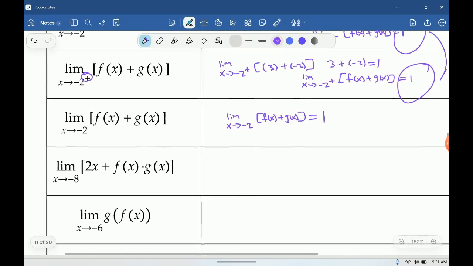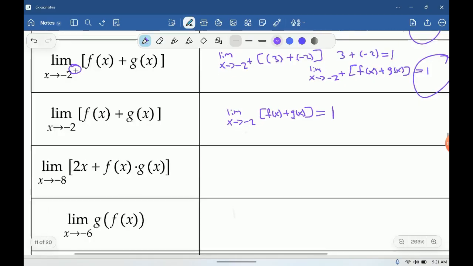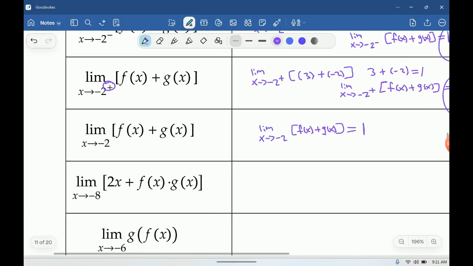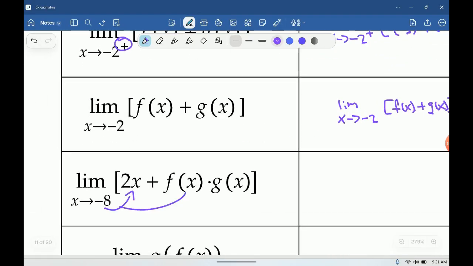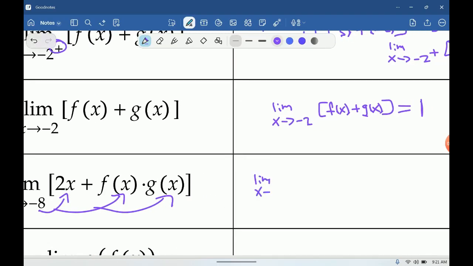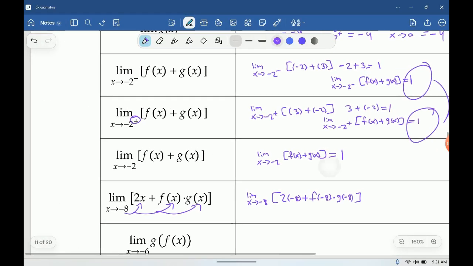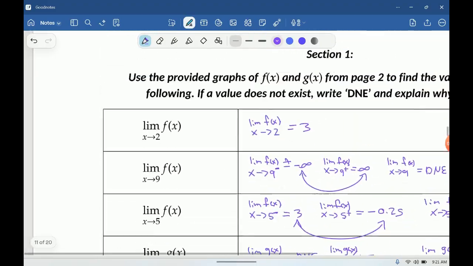Our next problem asks us to find the limit of 2x plus f of x times g of x as it approaches -8. The first thing we're going to want to do is substitute -8 into the x's. And we're going to look at the graph to find where the y-intercept is for the x equals -8.